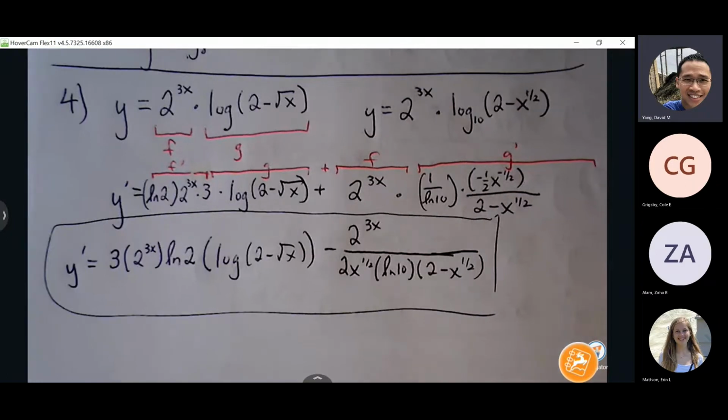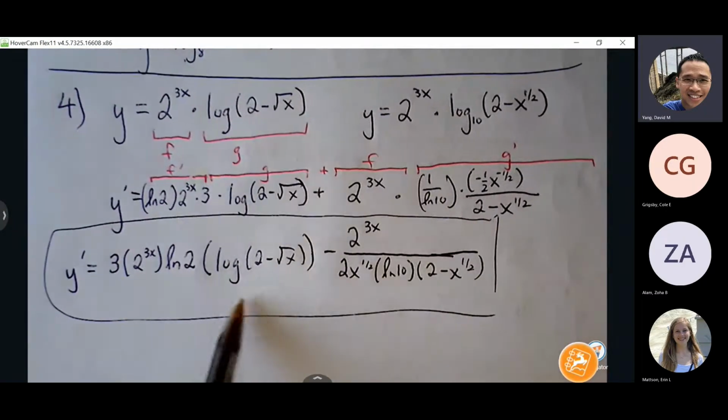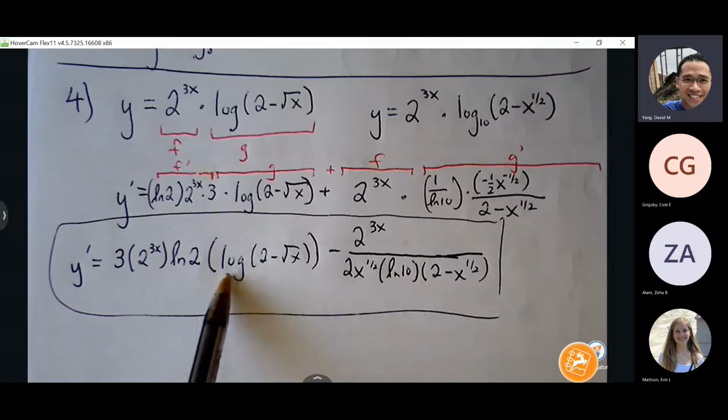My key shows a little bit differently. I converted this to natural log, but this is fine. I think this is easier.